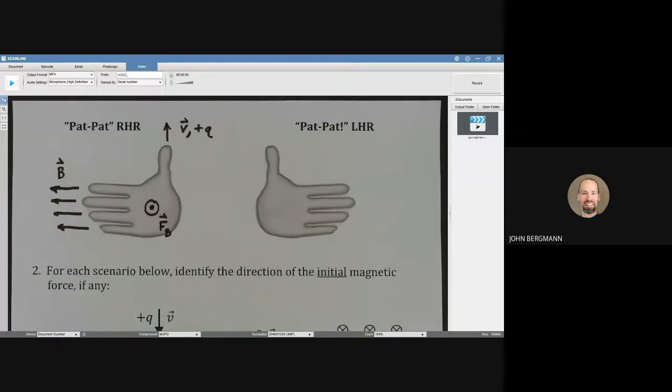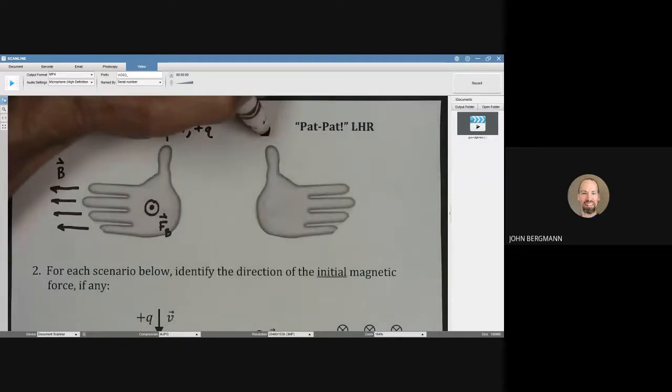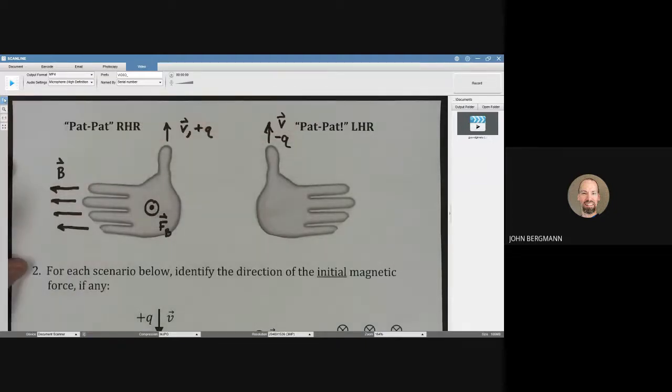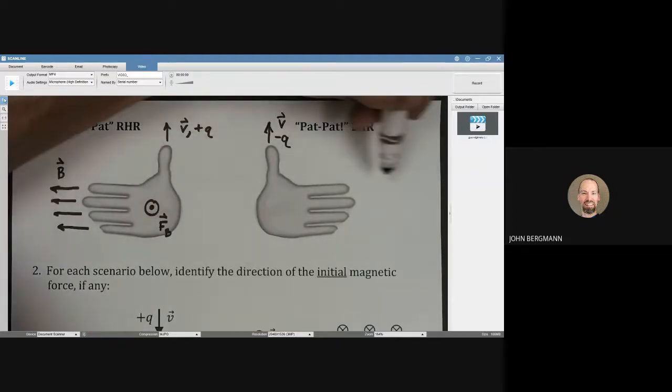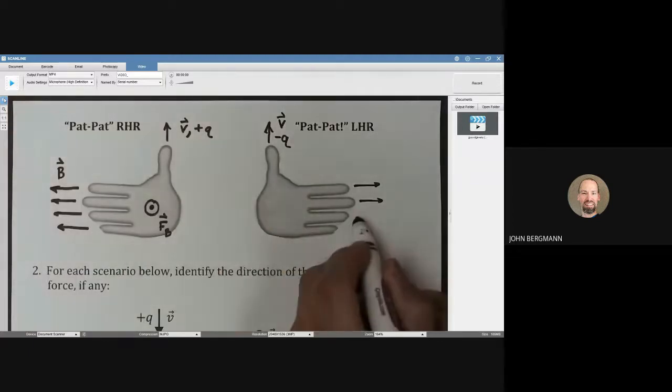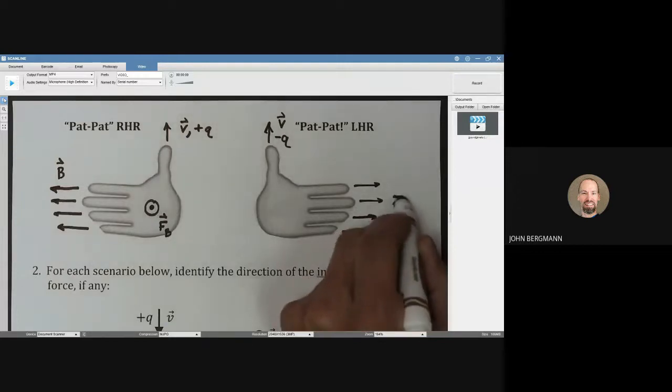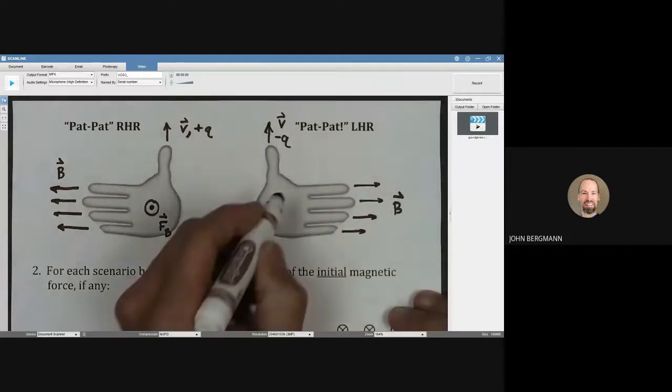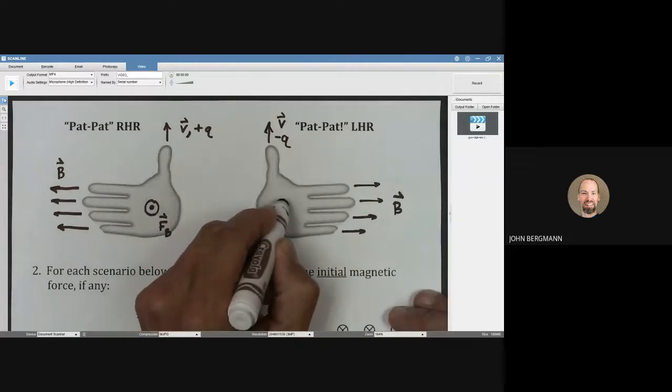If our moving charge is negative, then we need to use the pat-pat left-hand rule. Once again, the fingers point in the direction of the magnetic field through which this charge is moving. And once again, pat, pat, but this time with our left hand.